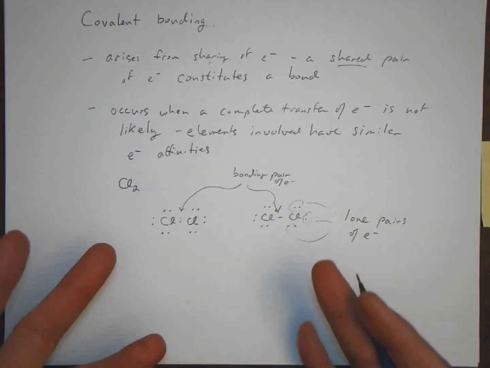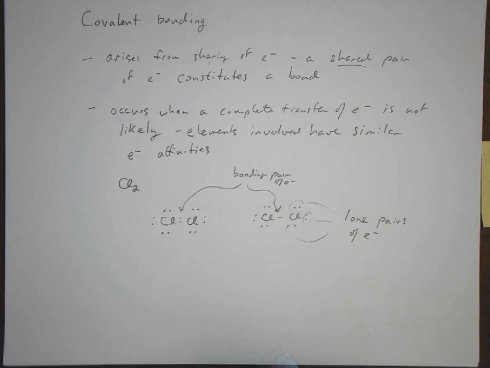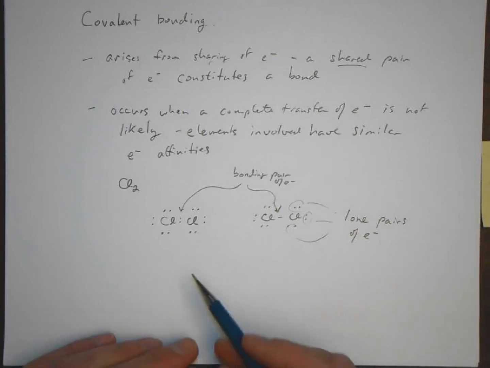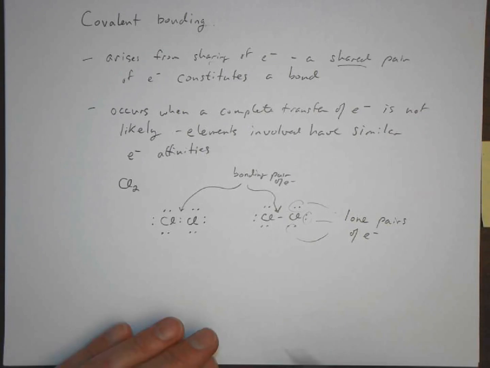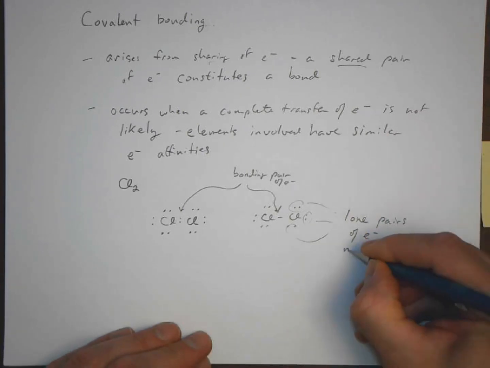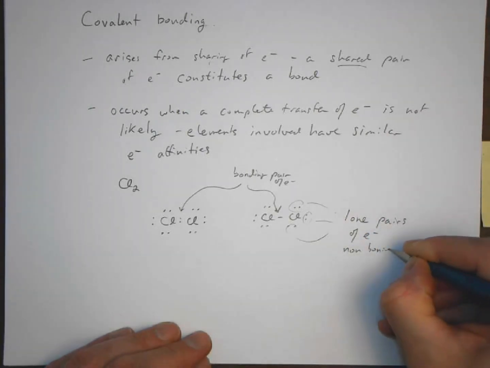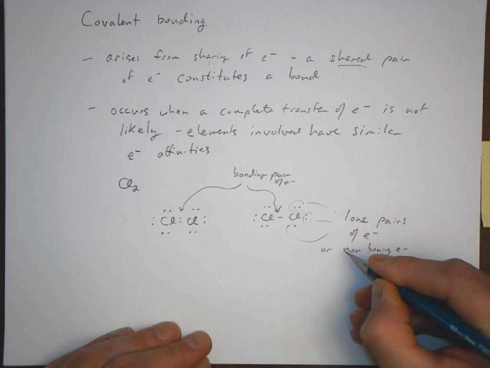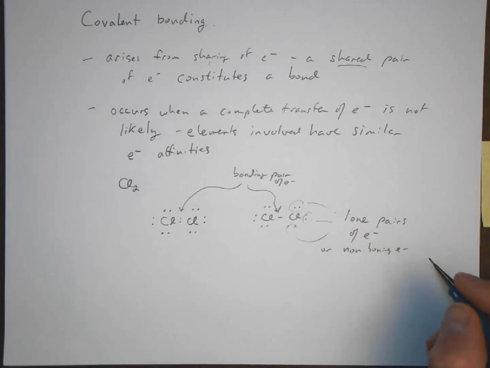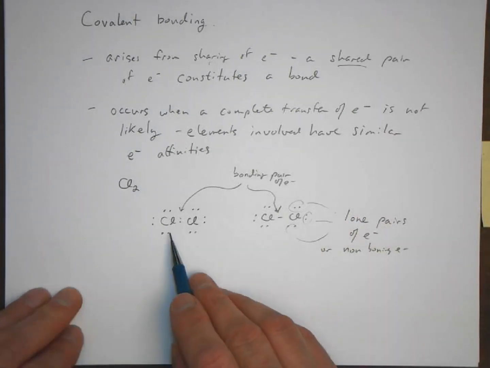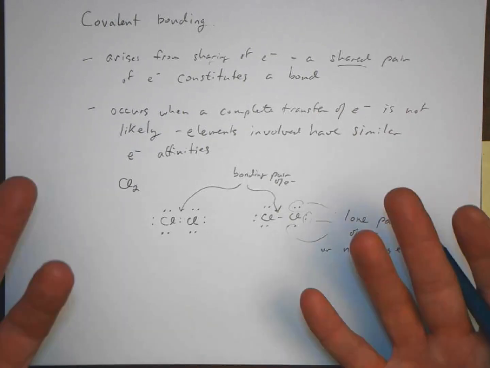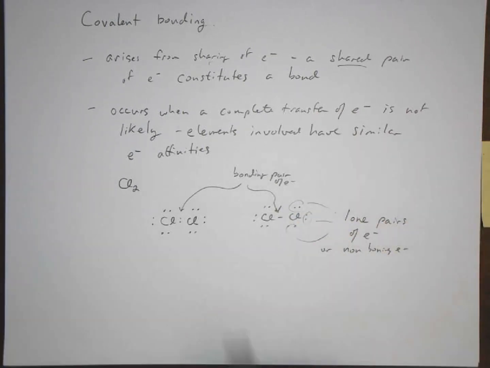What's happening here is that both chlorines are essentially contributing an electron to the bond, and the other electrons are non-bonding electrons. Lone pairs, or non-bonding electrons. So each one of the chlorines would donate one electron to make this bond.